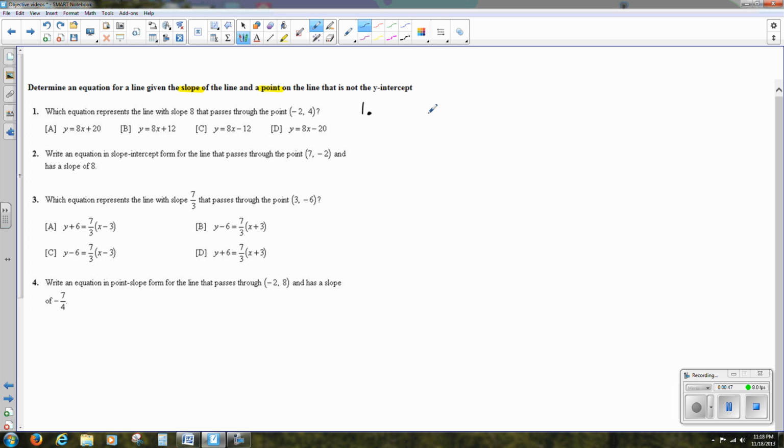Since they've given me slope and a point, I'm going to use point slope form. So we're going to go with y minus, and then we need a y value. I'm going to use this one, 4. There's our y value.